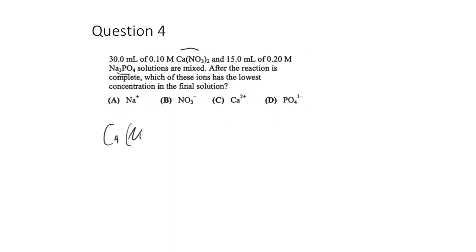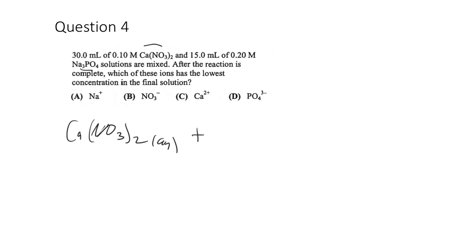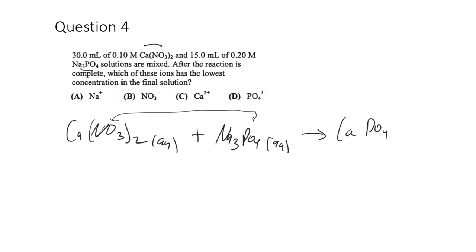If I can remember how to write, would be great. Ca(NO3)2 aq plus Na3PO4, water soluble. So we're just swapping our ions out. So we're going to form calcium phosphate. PO4 is a 3 minus, a 2 plus, so this should be the formula.